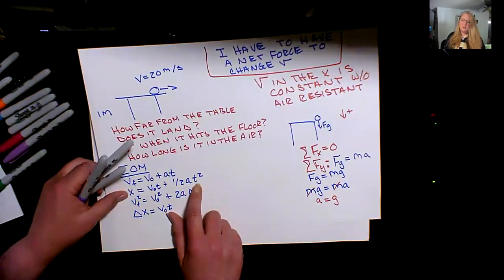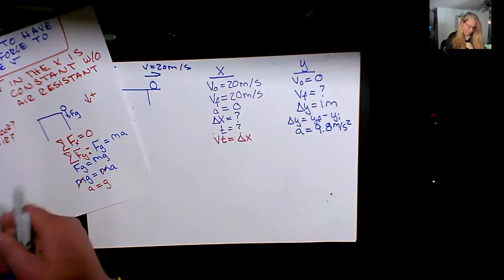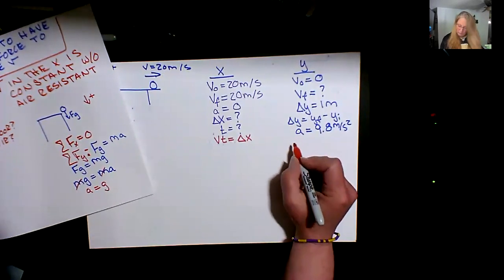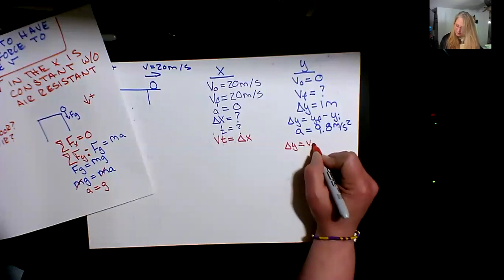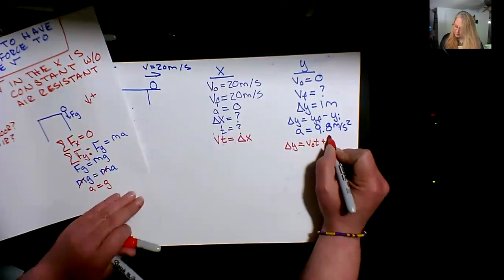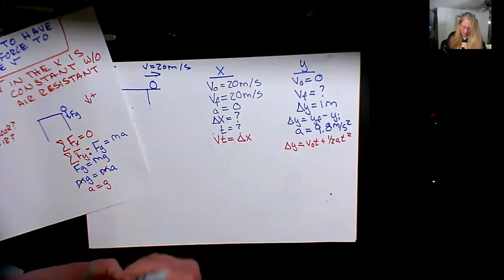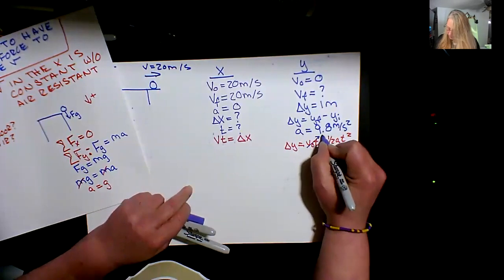So let's see, what can we do with this? Well, gosh, I could solve for time if I wanted. Yeah, heck, that's one of the questions it asks for. So let's go ahead and do that. I have my delta y equals v naught t plus 1/2 at squared. Now let's take out the pieces that go to 0. This is 0.